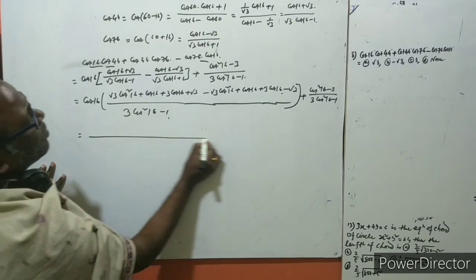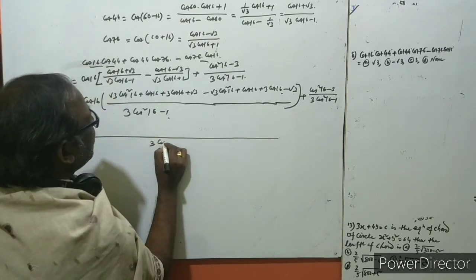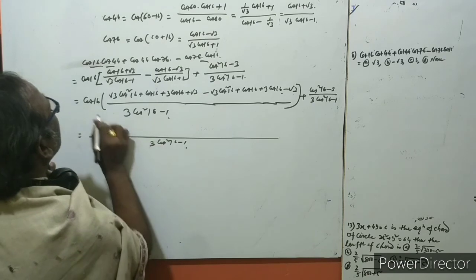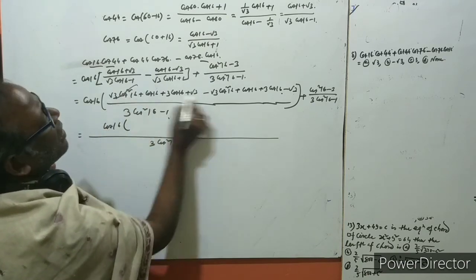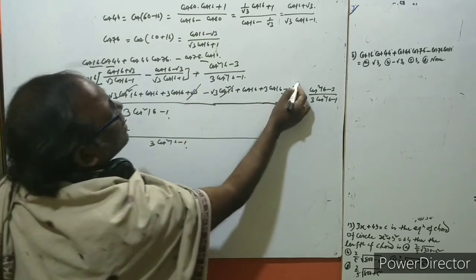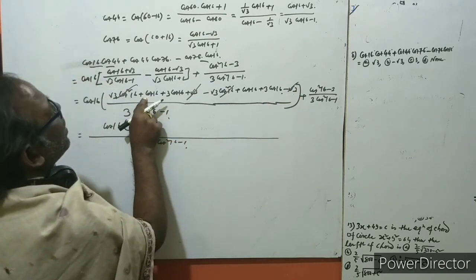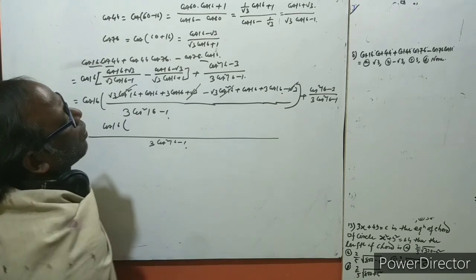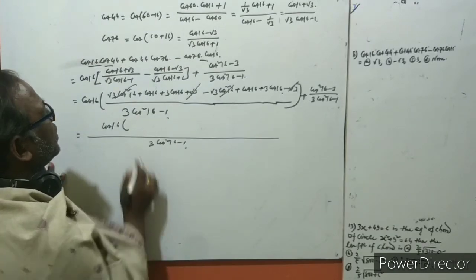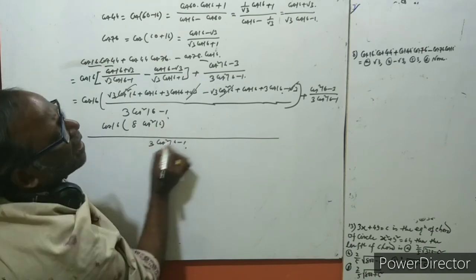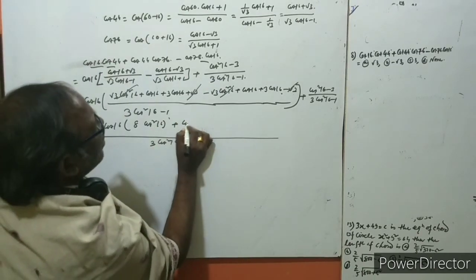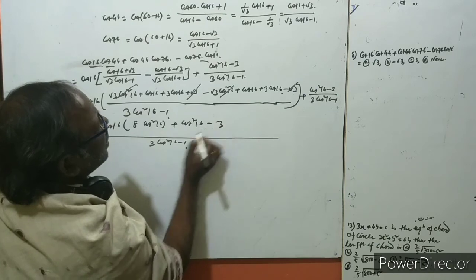So take LCM. This is 3 cot square 16 minus 1, and this is here cot 16. And now these are cancelled. These are cancelled. Now this is here 4 and 4, that is 8 cot square 16. Okay, and now here cot square 16 minus 3.